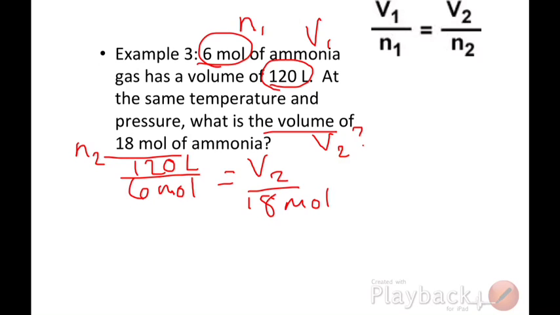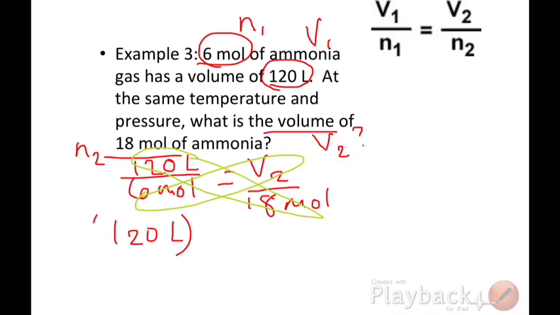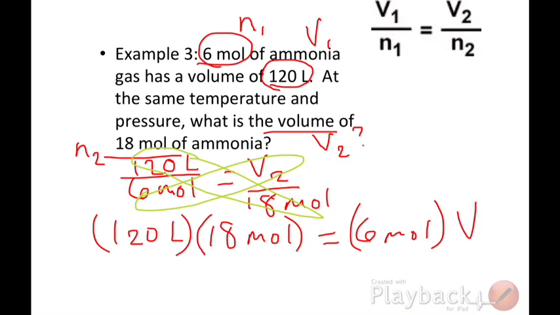And then we can cross multiply. Remember that's doing 120 times 18 and 6 times V. So 120 liters times 18 moles equals 6 moles times V2. We're trying to get volume 2 by itself, so we need to divide by what is stuck to it by multiplication.